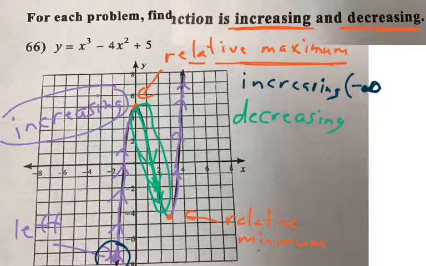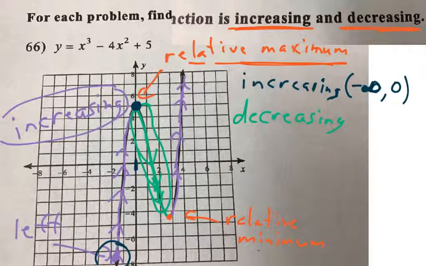Everyone's used to the sideways racetrack symbol. This is infinity. That means it goes on forever. And it's actually increasing from negative infinity all the way up to that point right up there. Everyone see my big black dot right there? And that point is right here where x equals 0, right?